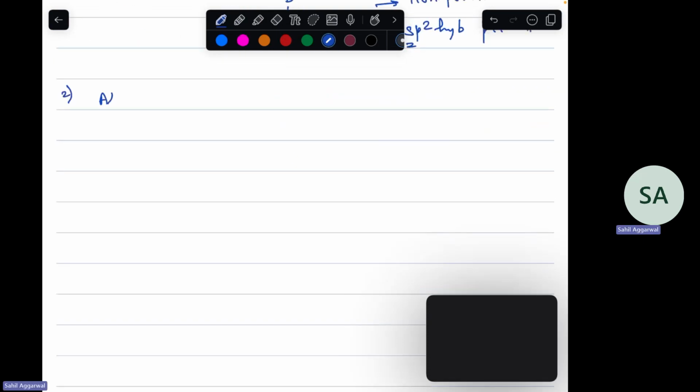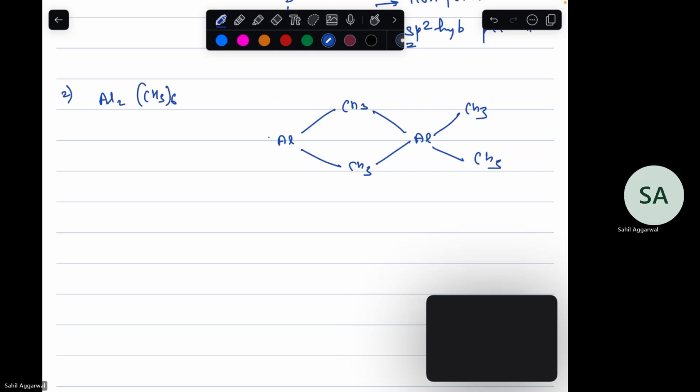Second is Al2(CH3)6. It will be a diboron type compound. Is it planar? No, it is non-planar.